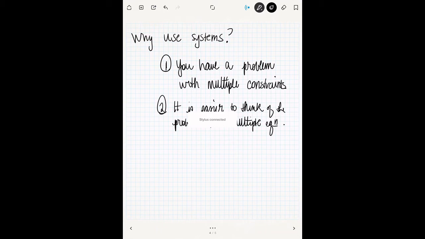So the reasons we would want to use systems are, you have a problem with multiple constraints like total fence, dimension relationships, or the SIR model, so spreading rate, recovery rate, infection rate, or it's easier to think of the problem using multiple equations, like the puddle is growing.